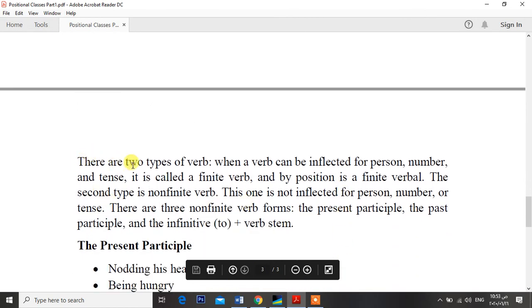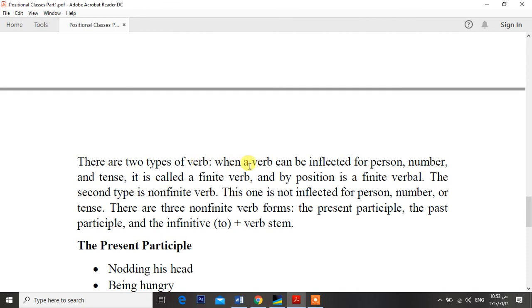There are two types of verb. The first is when a verb can be inflected for person, number, and tense. How can the verb be inflected for person, number and tense? For example, the verb can be inflected for person when I say I tell or she tells.